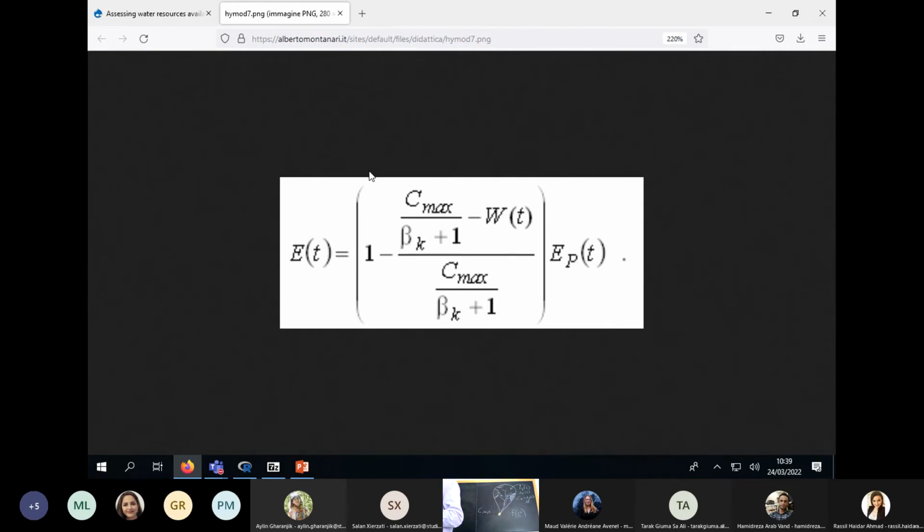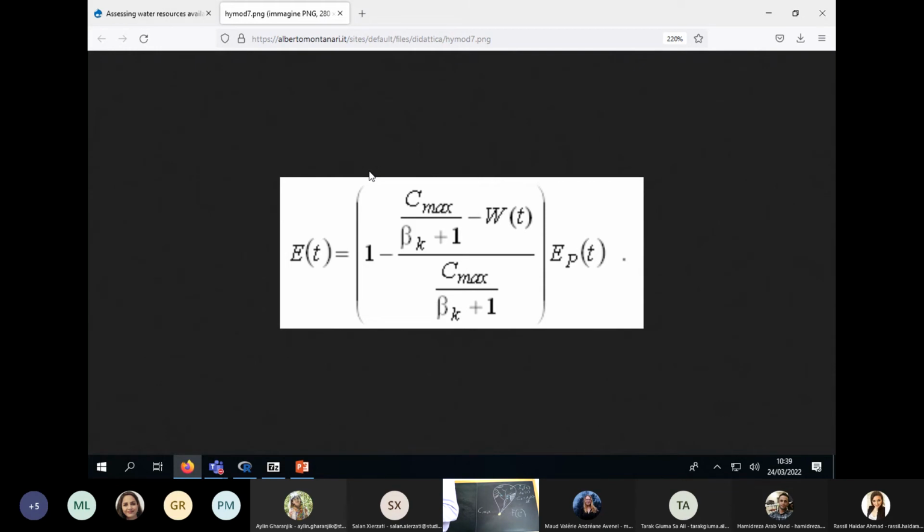No, so my definition was not correct. What you see between round parentheses in the fraction is a measure of relative deficit of storage.